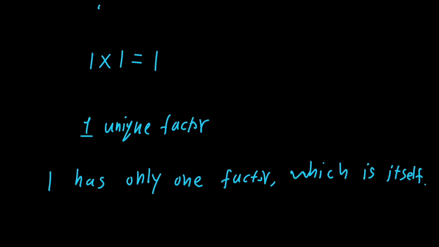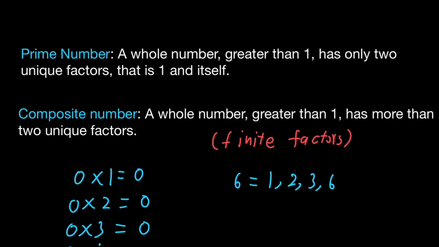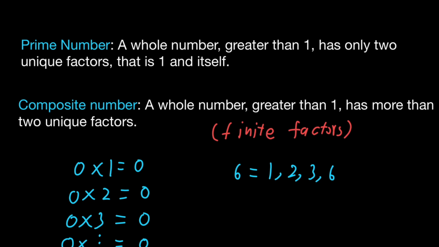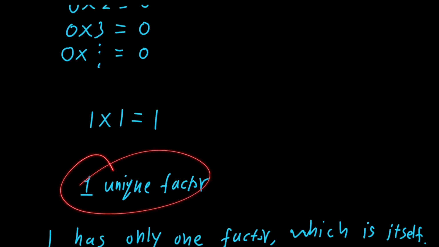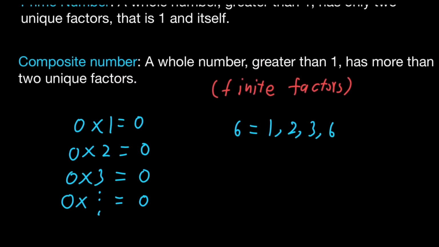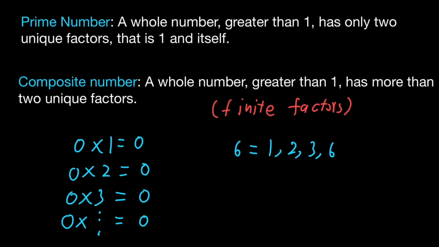And let's go back to check the definition. The prime number definition states that it has only 2 unique factors, but in this case, we only have one unique factor. So 1 is not a prime number. And the definition for a composite number says has more than 2 unique factors.